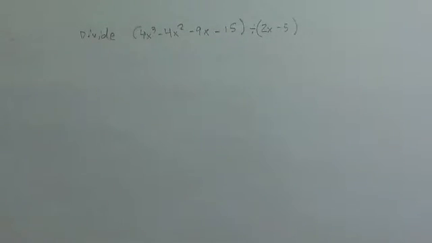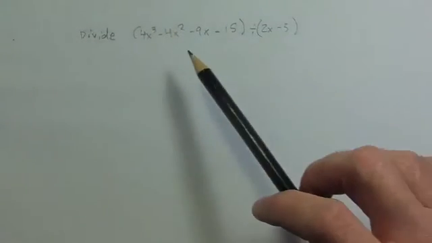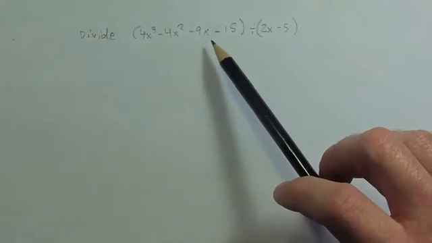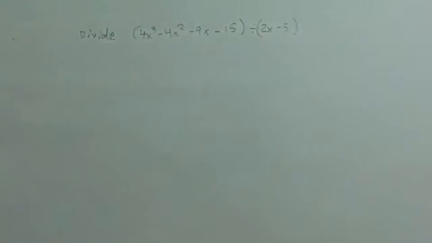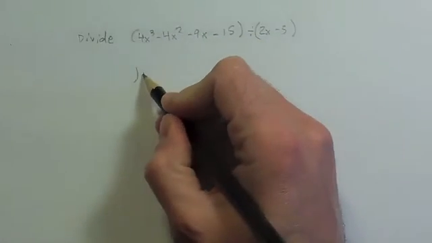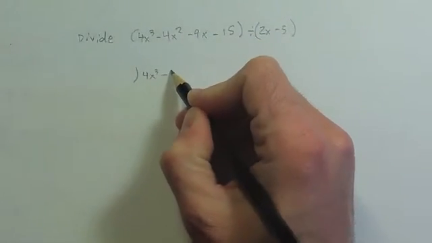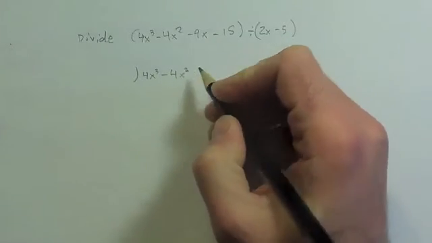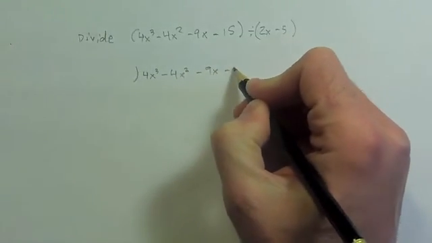All right, so let's divide 4x cubed minus 4x squared minus 9x minus 15 by 2x minus 5. Okay, so we're going to use long division here. So 4x cubed minus 4x squared minus 9x minus 15.